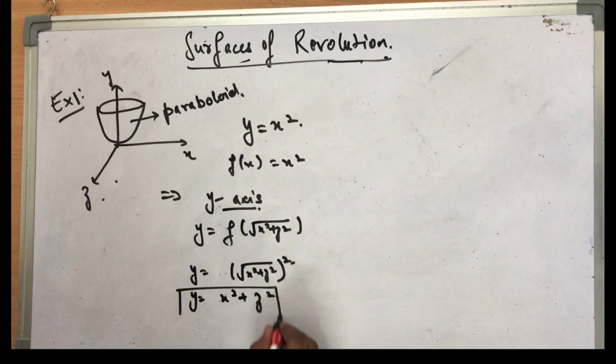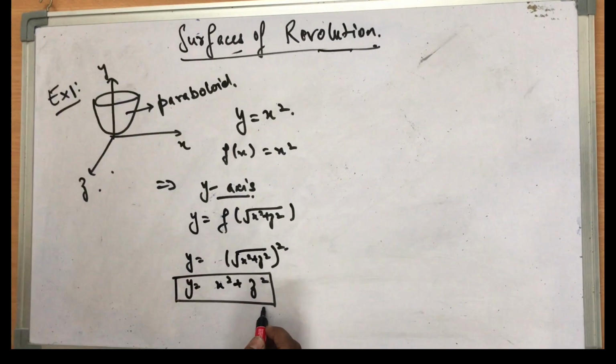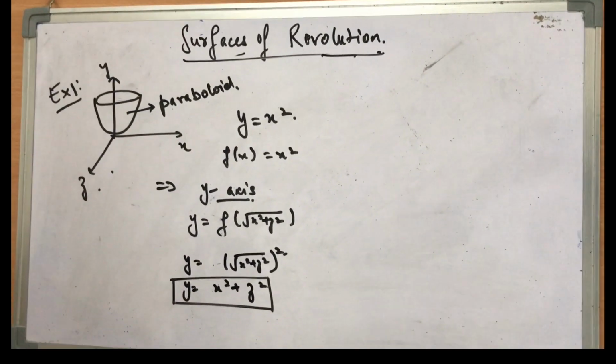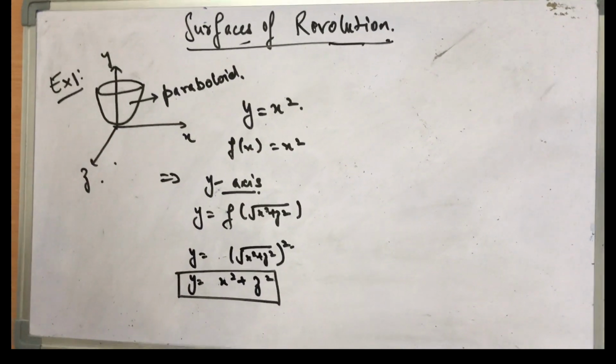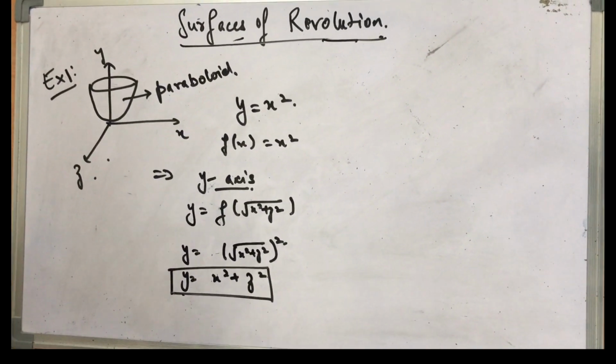So this is the equation of this paraboloid. On putting z equal to 0, which is the xy plane, or cutting the cross section of this paraboloid with the xy plane, the equation we get is for the parabola, which is y equal to x square.